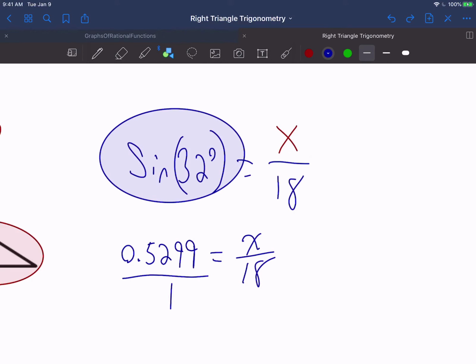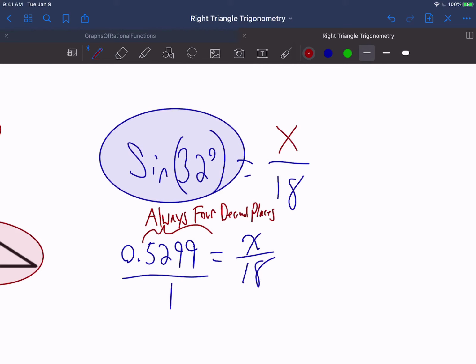Okay, so you can write it in decimal form. Notice I used 4 decimal places. Okay, always four decimal places. Frankly, I don't really like to write the decimal out at all.